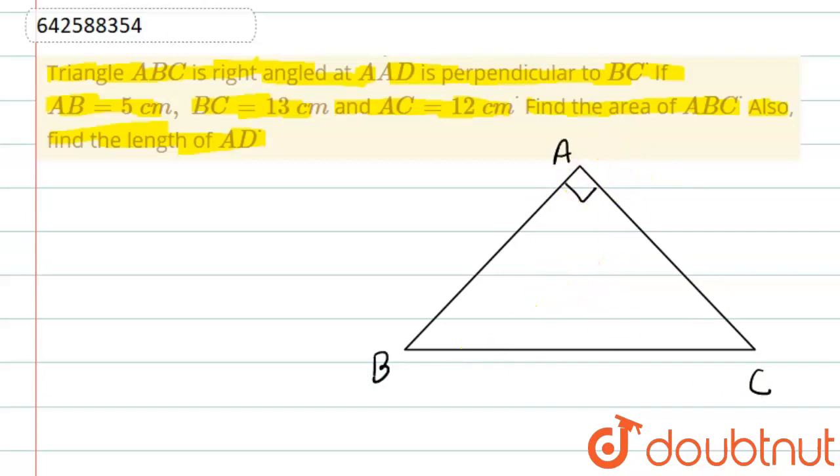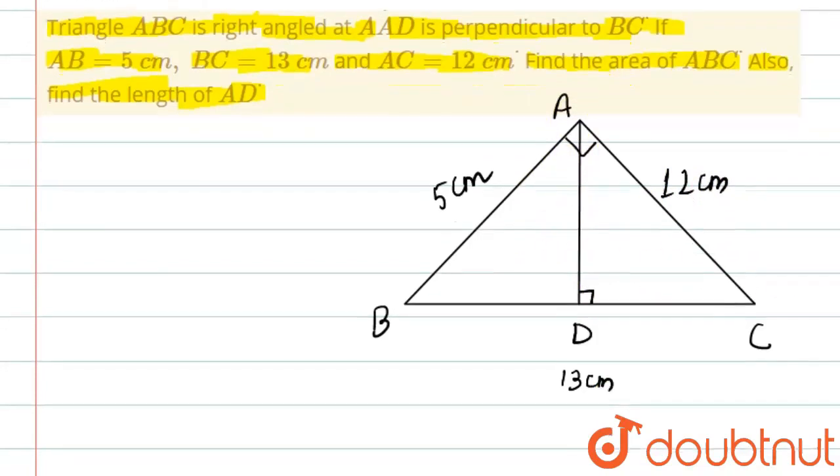That means if I draw a perpendicular from A to BC, that point is D, and this is also a perpendicular. Now AB is 5 centimeter, BC is 13 centimeter, and AC is 12 centimeter. We have to find the area of triangle ABC and the length of AD.